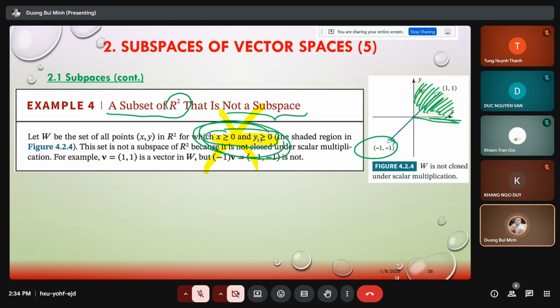Age level, family, educational background, citizenship, blah blah blah. I said the ECE program is a vector space.